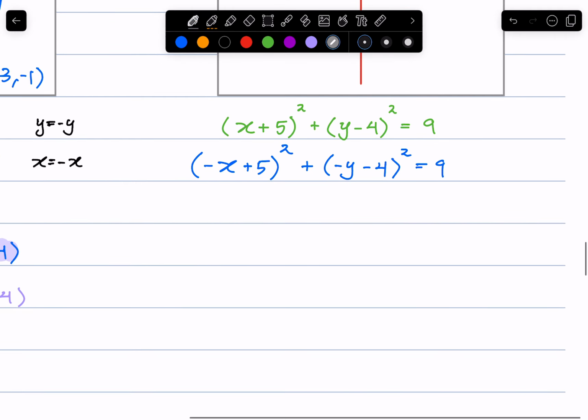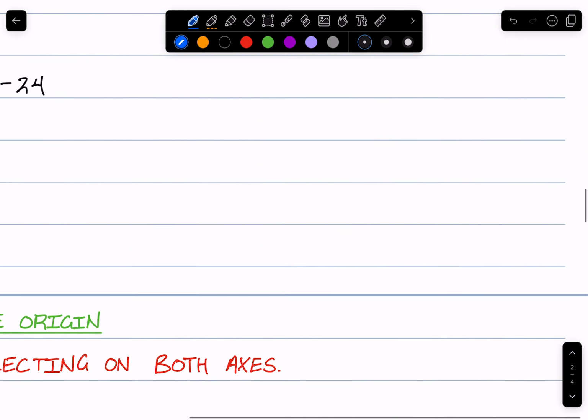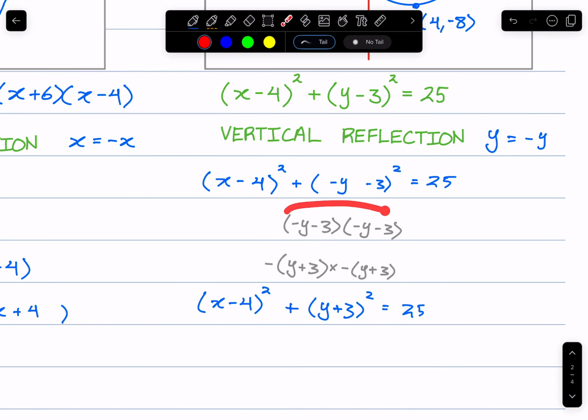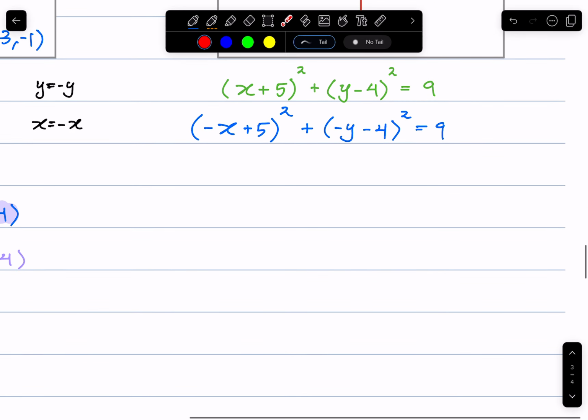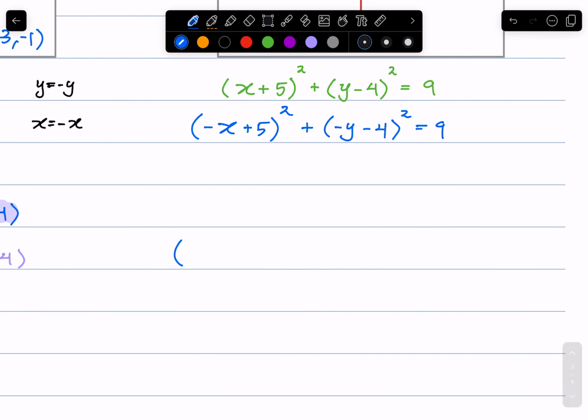Now, in the previous examples, I showed you in gray what can be done in the background, so you can factor in this step, which I'm going to do now. So this would just become x minus 5 squared. This would become y plus 4 squared equals 9.